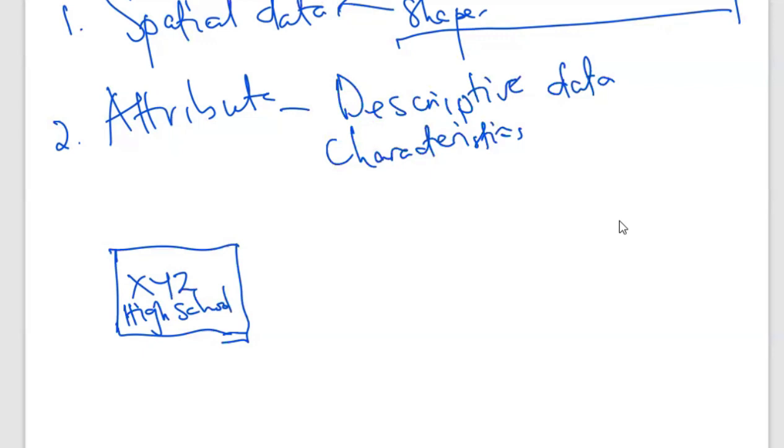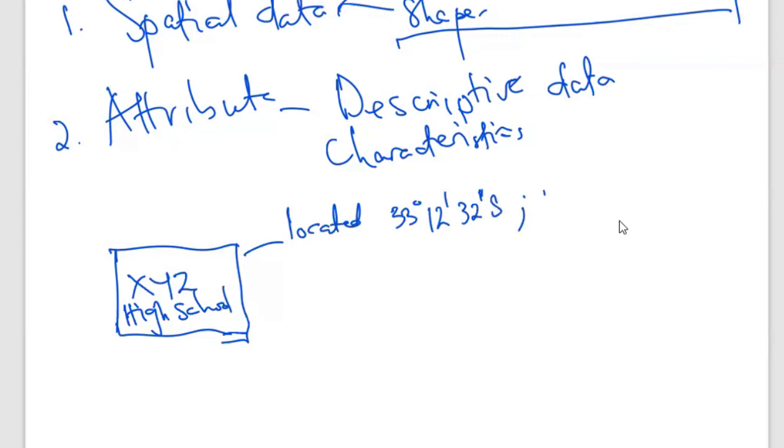XYZ high school, when we are looking at it in terms of spatial data, we are looking at where it is located in terms of a coordinate system. Maybe you can say its attribute, its spatial data, maybe it's located at 33 degrees, 12 minutes and 32 seconds to the south.